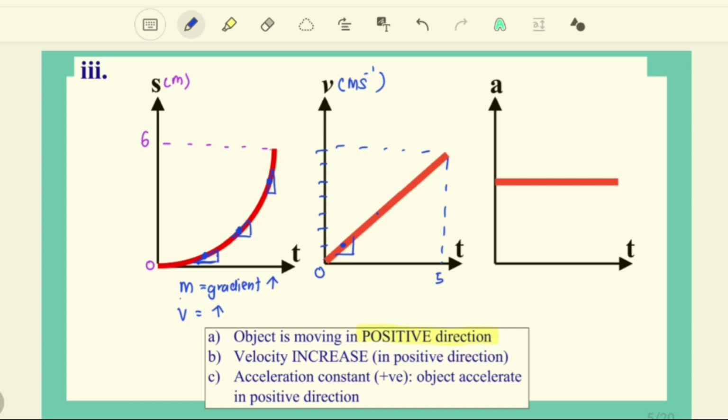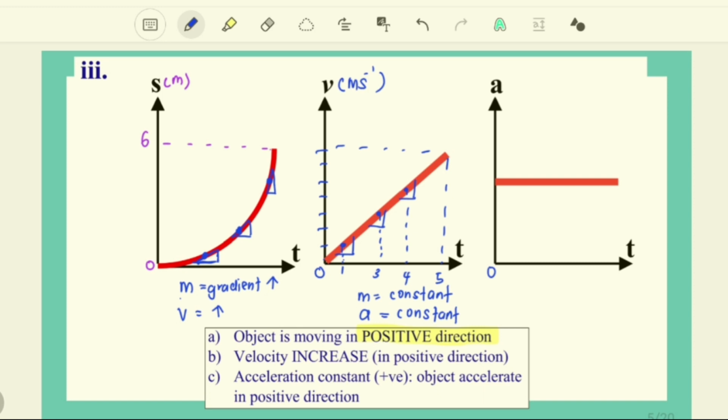And from graph V against T, we try to sketch the gradient. So this is the straight line graph. So at any point of the graph, the gradient is constant. Let's say at 1 second, at 3 second, at 4 second, the gradient is constant. Okay, the gradient is constant means that the acceleration from 0 to 5 seconds is also constant.